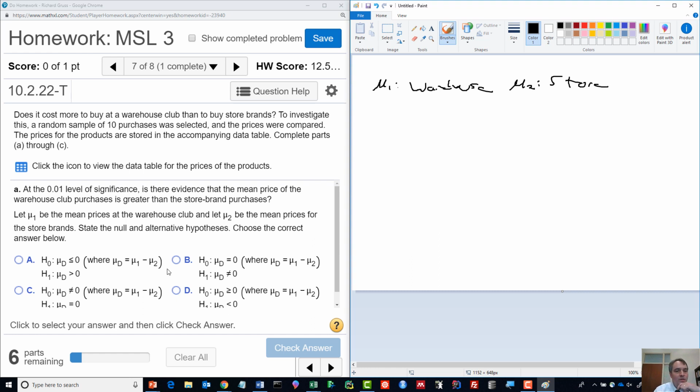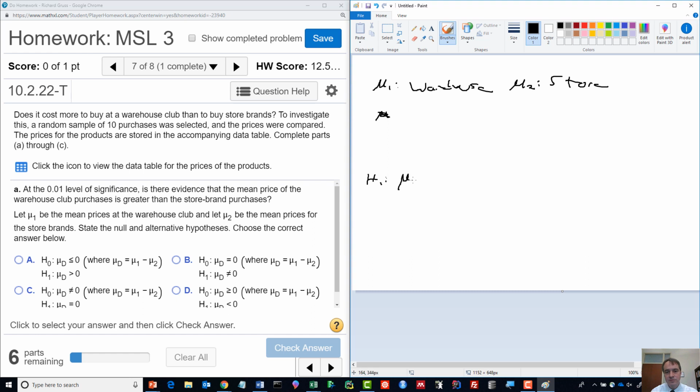This is asking us, is there evidence that the mean price of the warehouse club purchases is greater than the store brand purchases? So we're looking at an alternative hypothesis, which is the thing we're really interested in establishing.